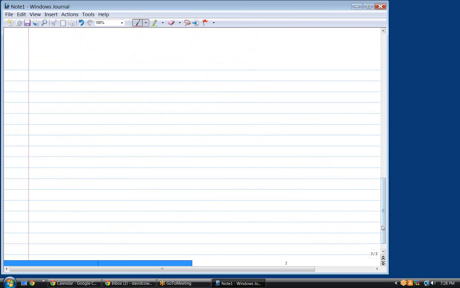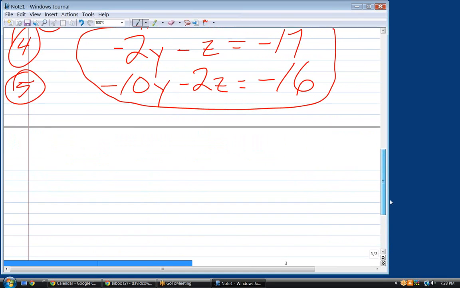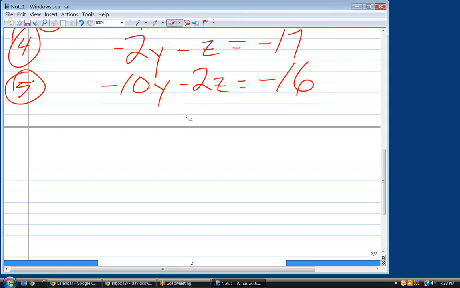Okay. How do I solve 4 and 5? So then, could you multiply 4 by a positive, or actually you could just multiply it by a negative 2 again? Yeah.